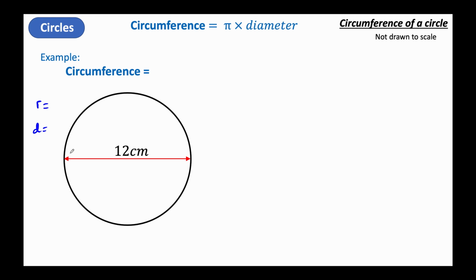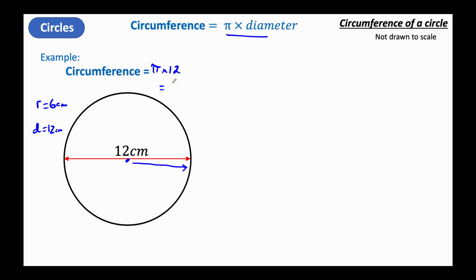Now look at this. Is this a radius or a diameter? Well, it's a diameter. So the diameter in this case is 12 centimeters. Remember, the radius goes from the center to the outside, so it's going to be half of that, which is 6. Now, circumference is pi times diameter, so I need to do pi times 12.